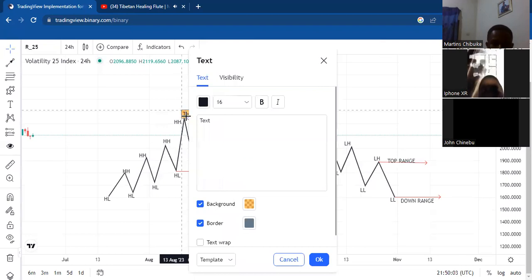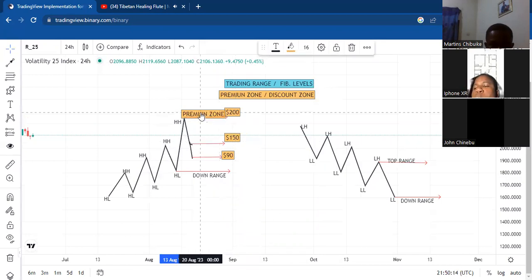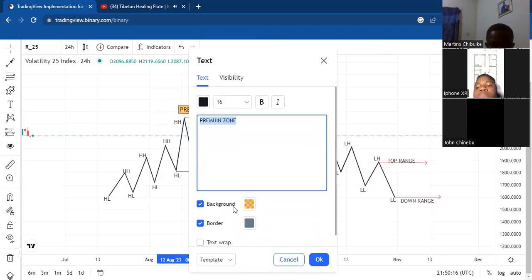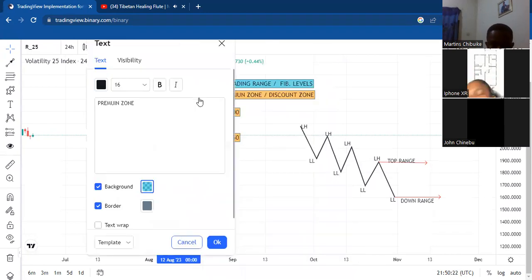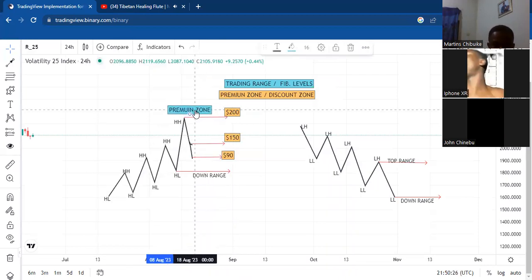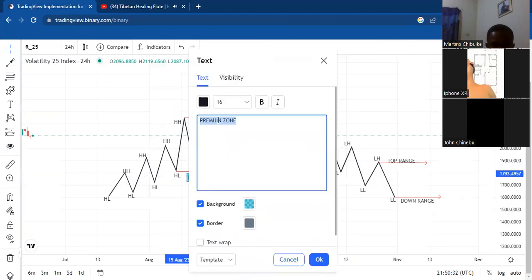That time the market was at the 200 level, that is now your premium zone. And when the market now comes down, you consider it to be your discount zone, when they gave you the discount price, just the way a typical Igbo man will do. You get? So here becomes your discount zone.